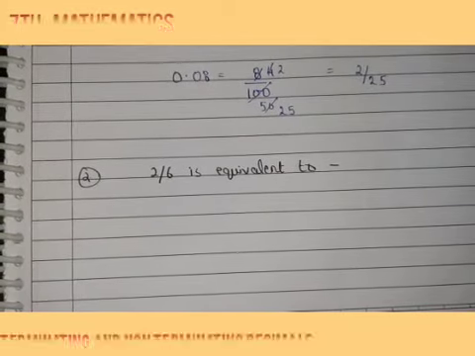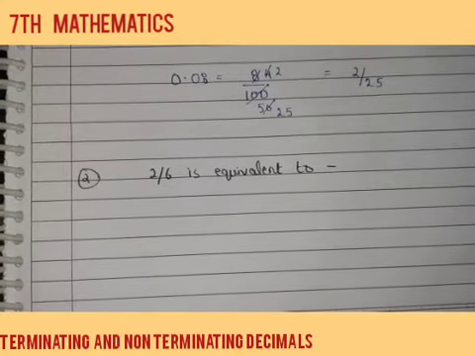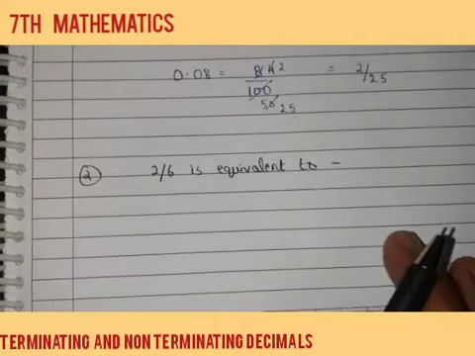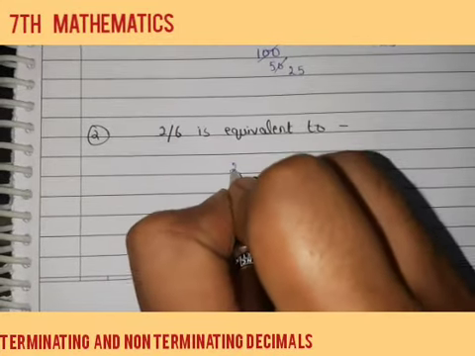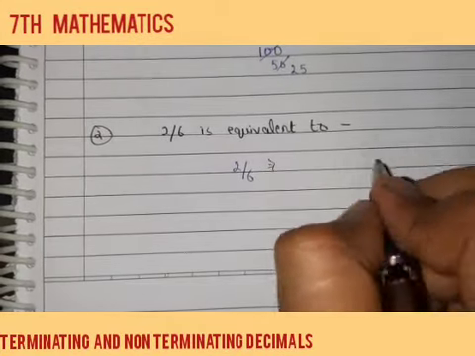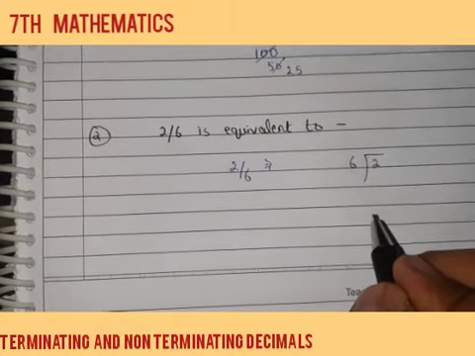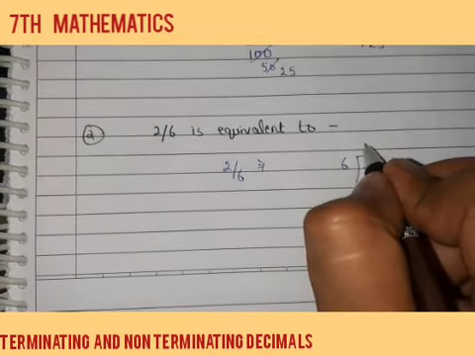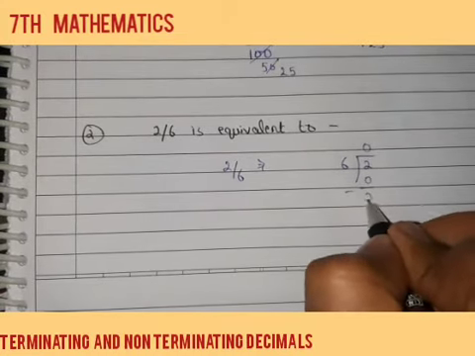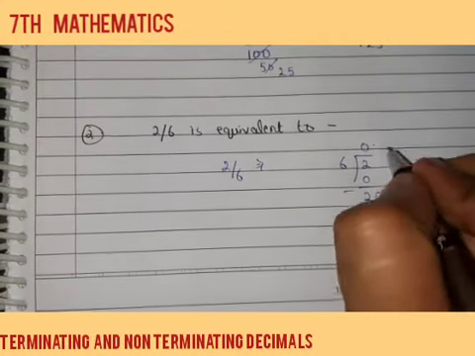Now our next question is 2 upon 6 is equivalent to. That means if we simplify 2 by 6, what will be the value? So let's see, we need to divide it, so write it down. 2 upon 6. Since this number is smaller, we divide it first 0 times. Now we put a decimal and write a 0. Now 6 into 3 is what? 18.